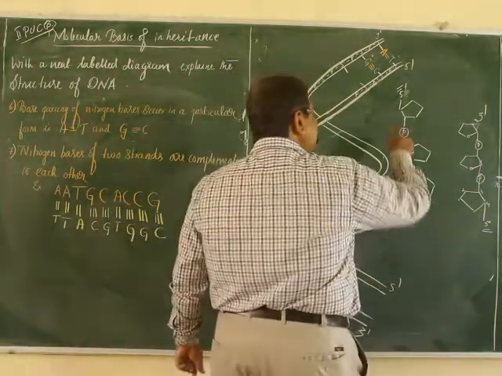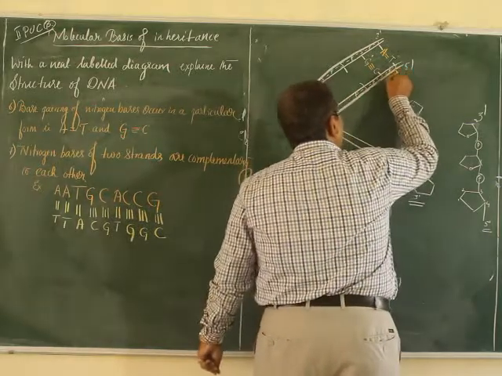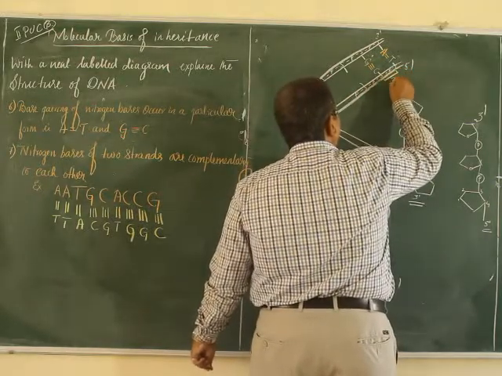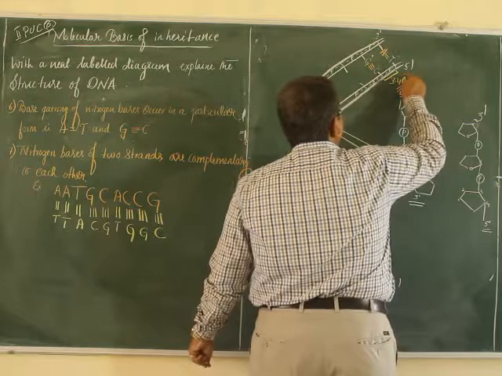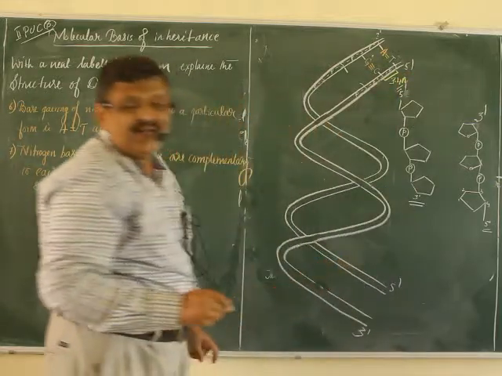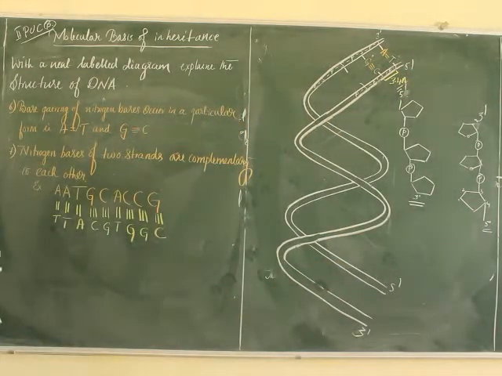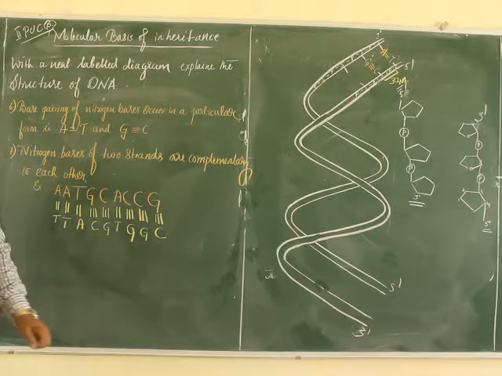And what is the distance between the nitrogen bases? That is 3.4 angstrom. So that is the next point, the 8th point.